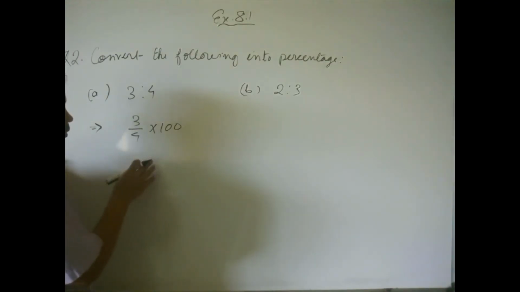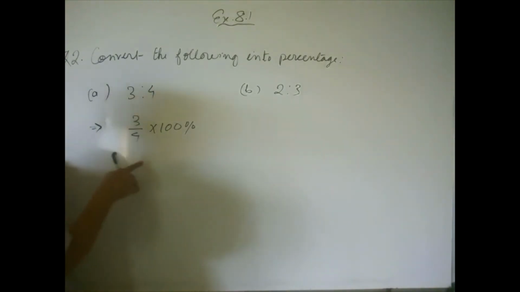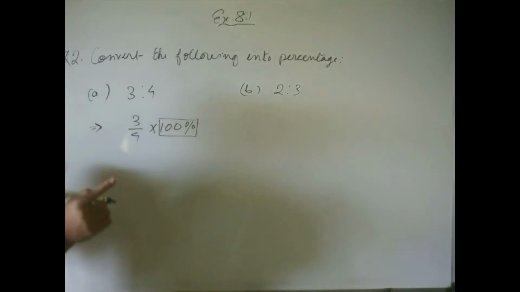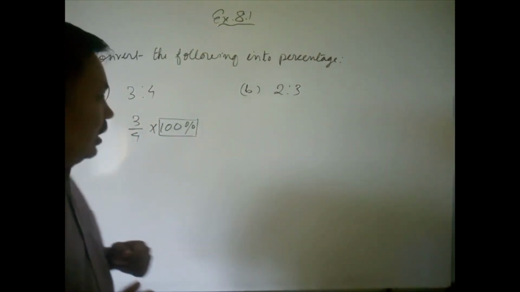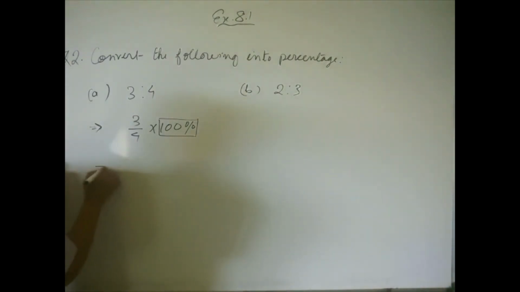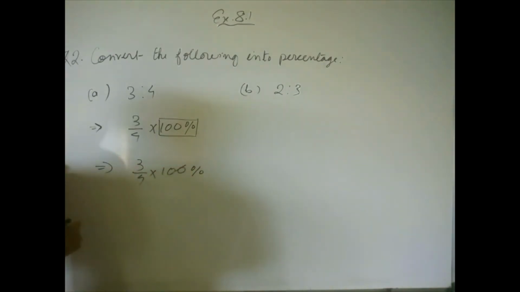Okay, with 100. For example, it is 100%. Actually, this can be multiplied with 100% or 100, it doesn't matter. But you have to remember that if you multiply with 100, then it is converting to percentage. So in this way also you can write. Then the next step is 3 by 4 into 100 percent. This percent sign is not required to write, but I'm showing you.